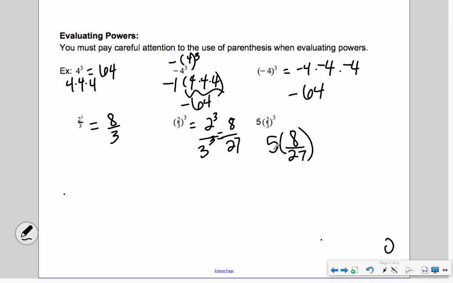Remember, a whole number has a denominator of 1. So that's like 5 over 1 times 8 over 27, which is going to be 5 times 8 is 40 over 27. I don't believe there are any common factors, so I do think that would be your final answer.